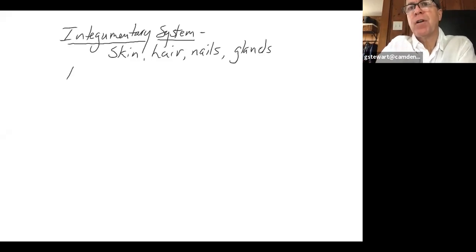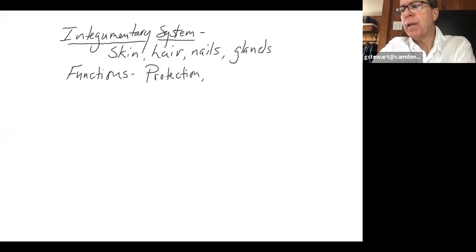Now the major functions are many. The list is long. I'll just list some of them. The biggest one is protection. But I'll list some of the other ones. Sorry, I was going to write insulates. So it helps with temperature control.